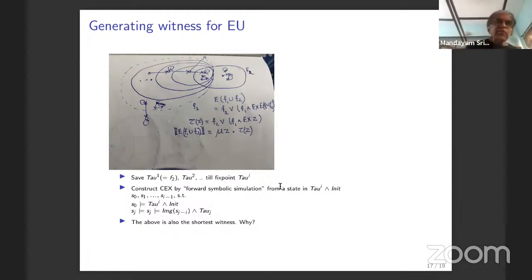I will illustrate how you generate a witness for EU, E F1 until F2. And I will raise certain questions to start you thinking about generating a witness for EG. By next class, I want you to give it some thought so that we can have a discussion. First, I will tell you how to generate it.